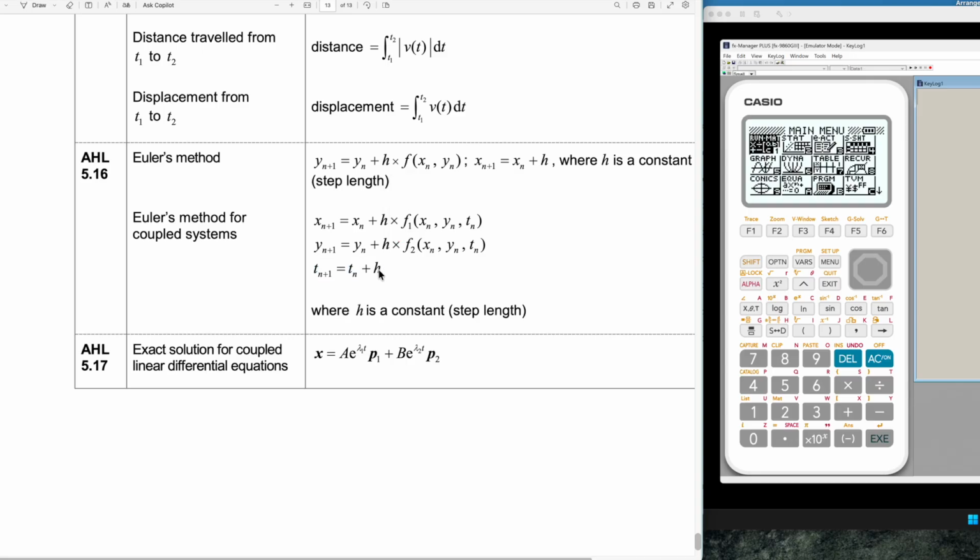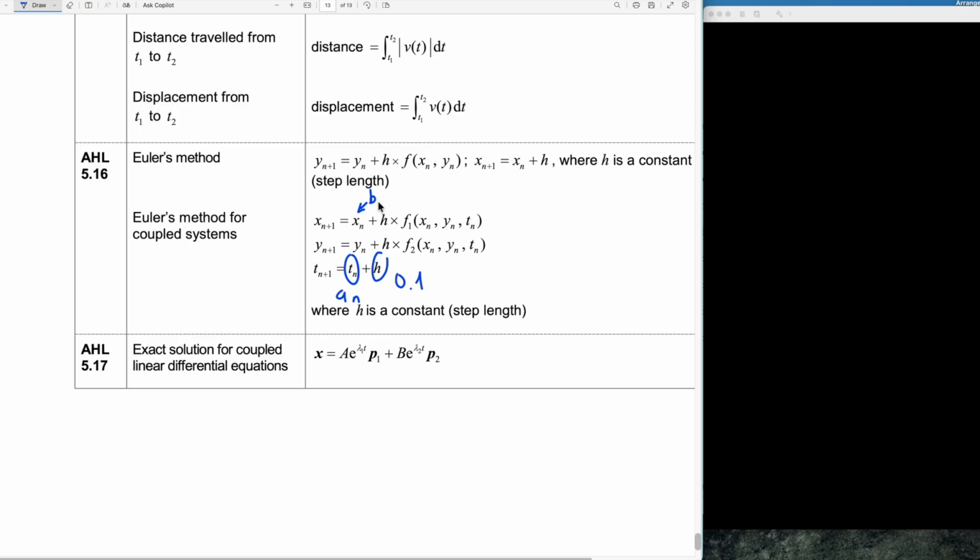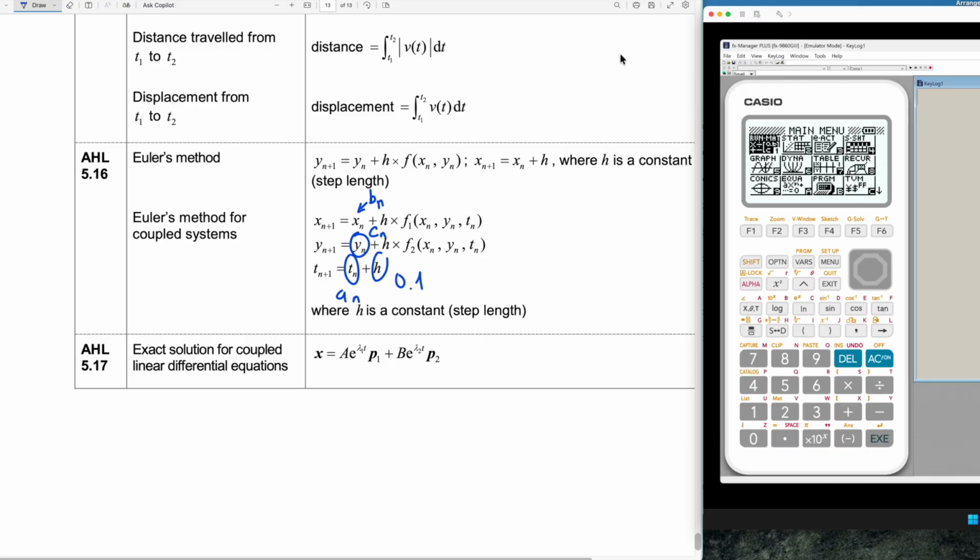The step h here is 0.1. The t will be denoted by an in the Casio calculator, the x will be bn, and the y will be cn.